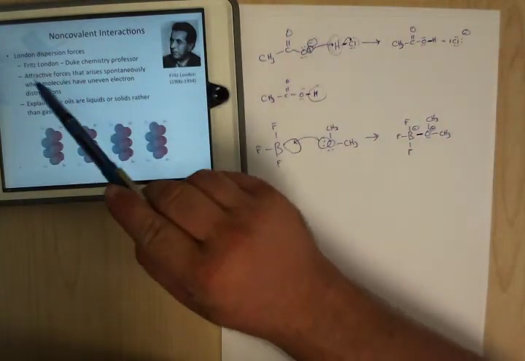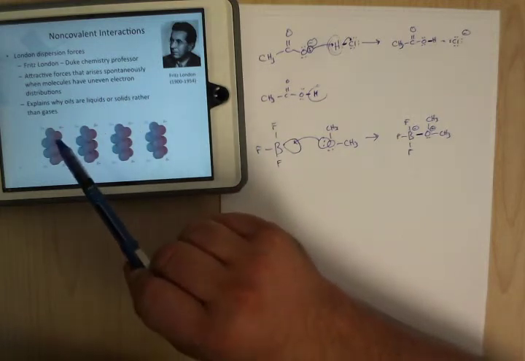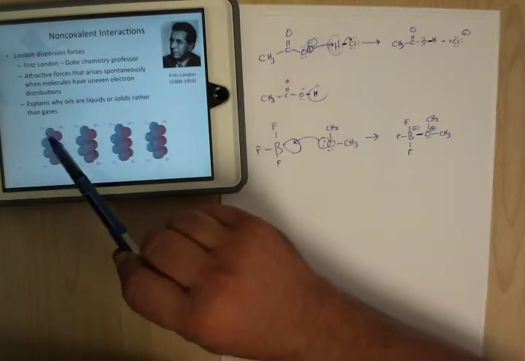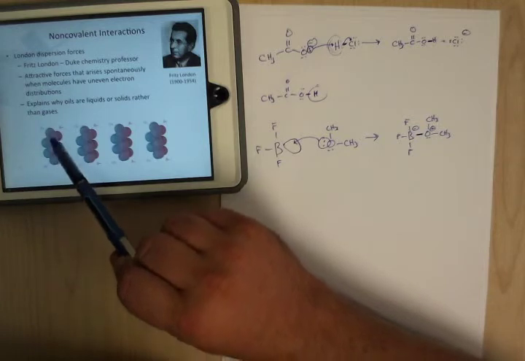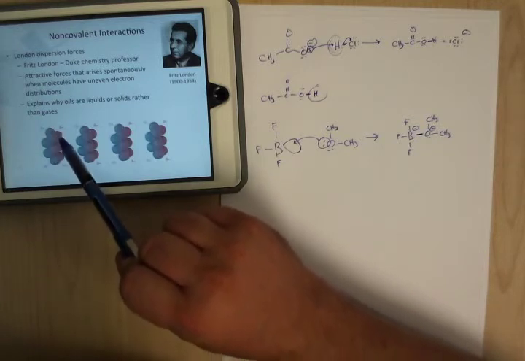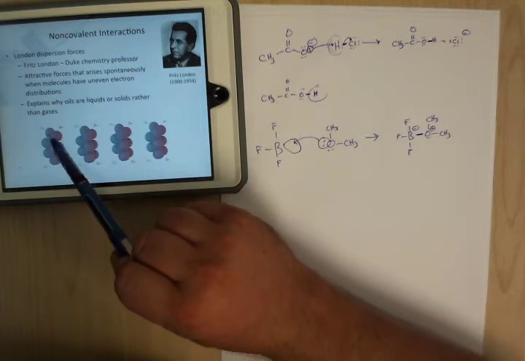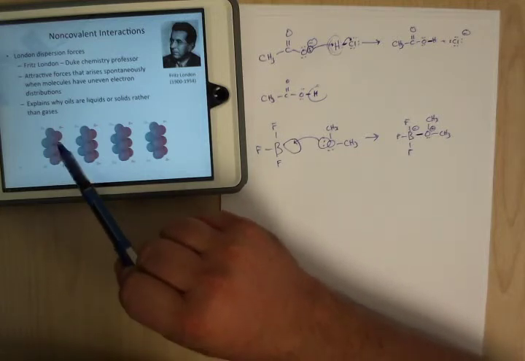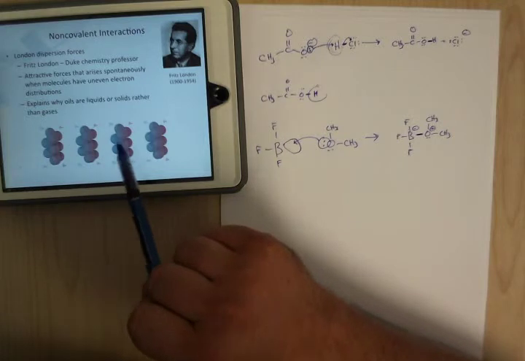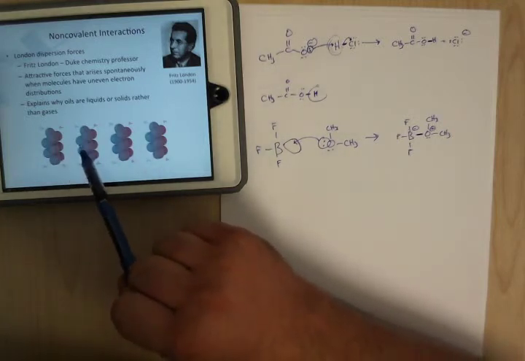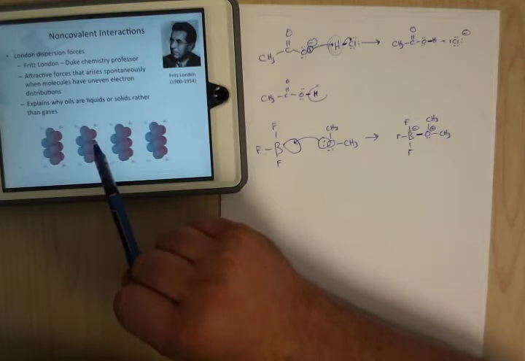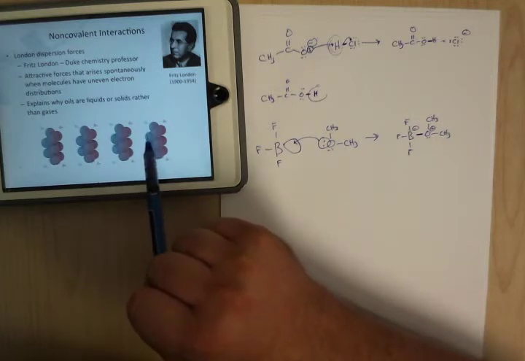What he noticed, these London dispersion forces, is that if suddenly the electrons happen to be on this side of the molecule, you'll have a partial negative, partial positive one here. That will induce all the other molecules to get these, right? So the electrons over here will repulse the electrons over here, which will move them over there, which will cause this one to move them over there, move these guys over there.